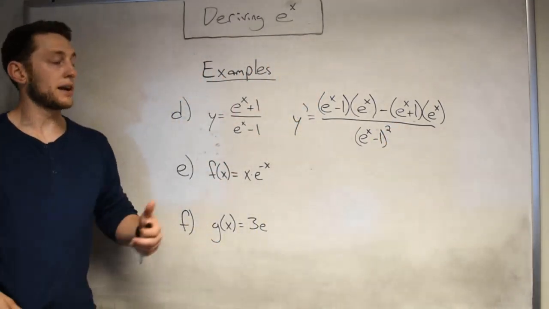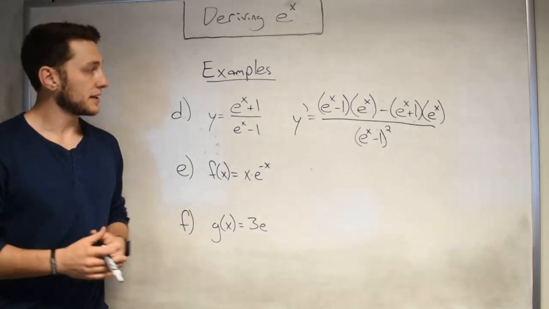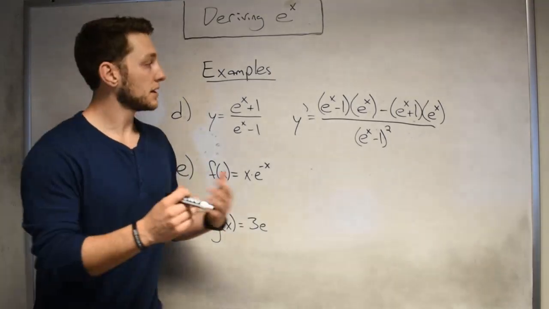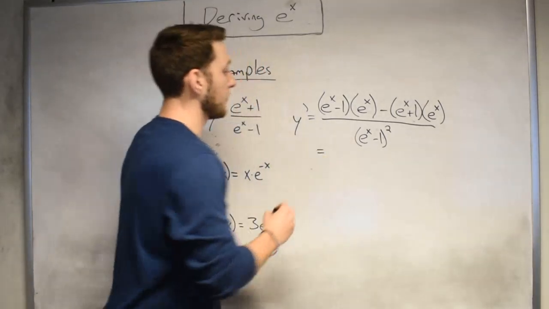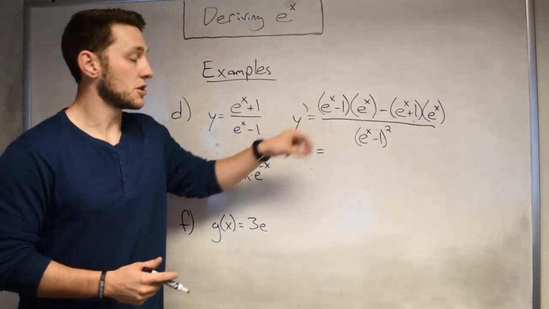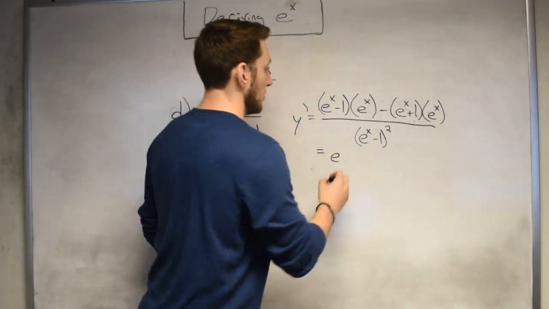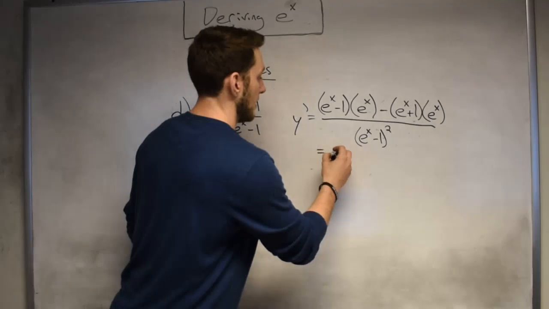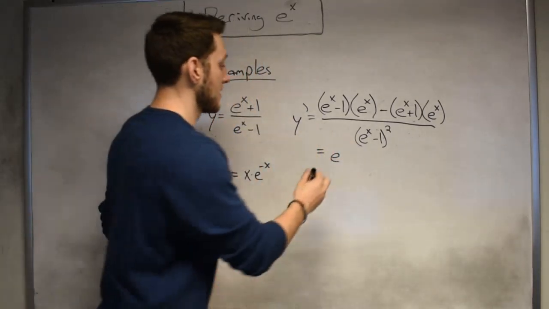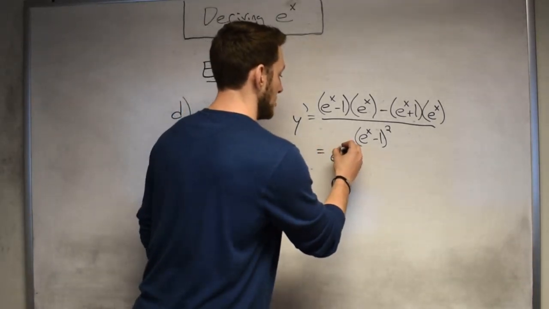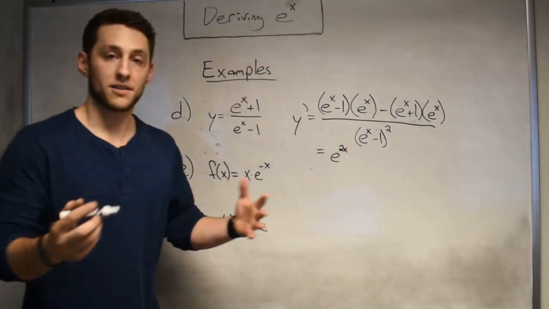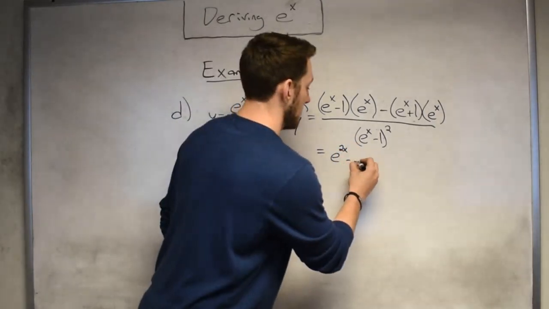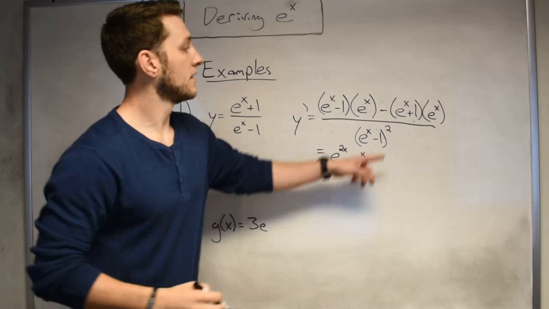Now usually with a product or a quotient rule like this, you actually get a lot of simplification. To see this, if we carry this out real quick, distributing in, we'll get e to the x times e to the x, giving me e to the 2x up top, minus e to the x.